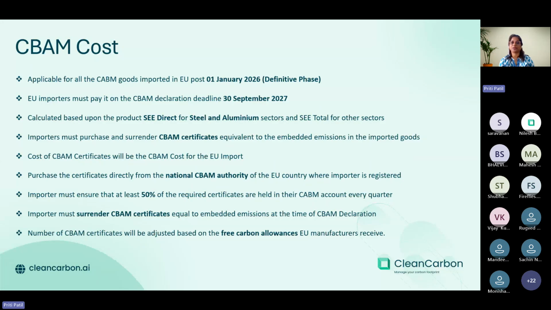EU manufacturers are already paying this carbon tax, but they are getting some free allowances on their embedded emissions. The same benefit EU is giving to the external manufacturers also. So their embedded emissions also will have that free carbon allowance benefit so that the tax is reduced.